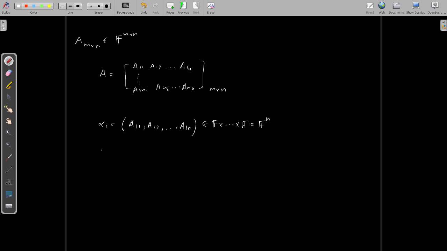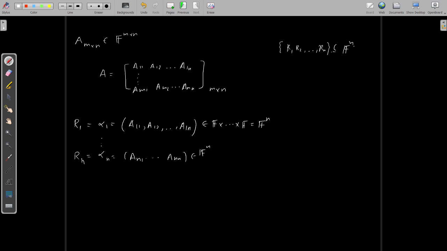Similarly, each alpha j is an element of Fn. Now I call these R1, etc., Rn, the rows of the matrix A. So the set of all rows of A, R1, R2, etc., Rn, is a subset of Fn.